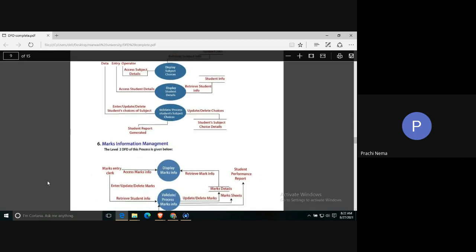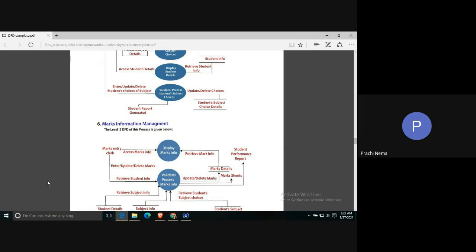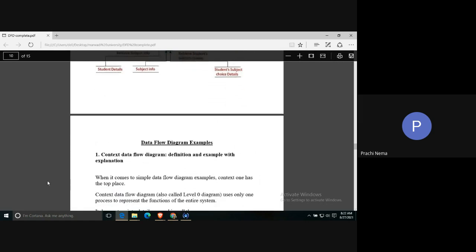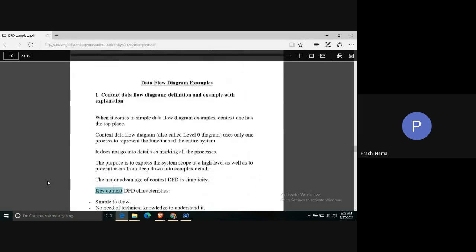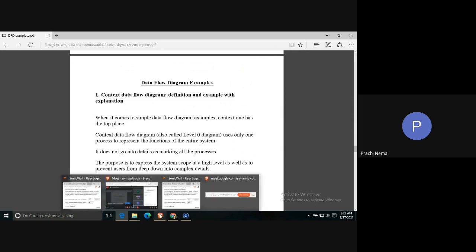So if it is getting complicated, you can just separate it into modules and later when you need to show all together, you can just combine. This is about level 2. Level 3 would be having even more detail, but as I told you, till level 2 you can use. Going deeper is not necessary unless your system is too complex.